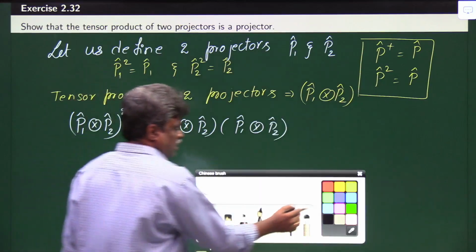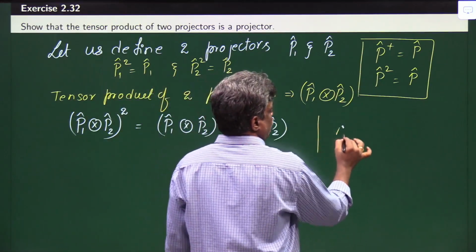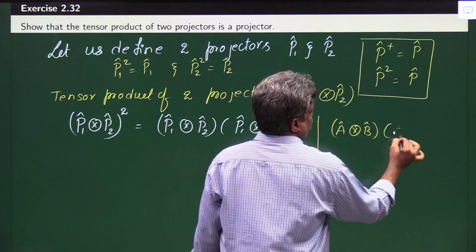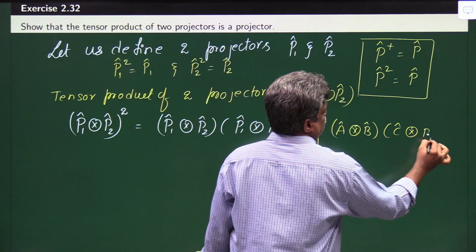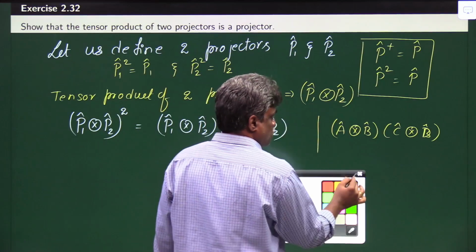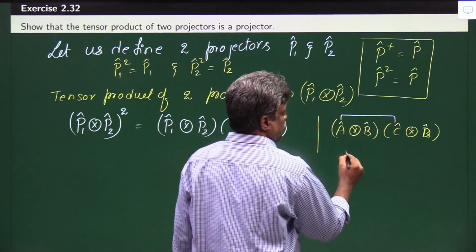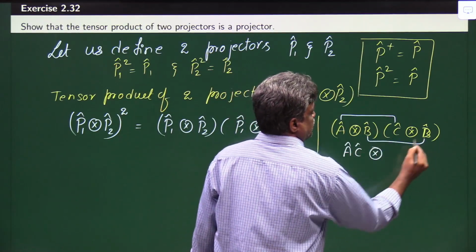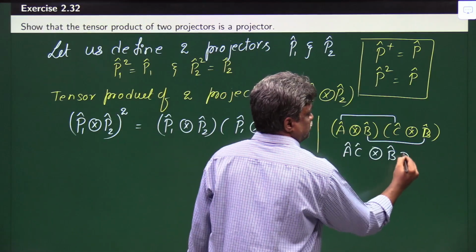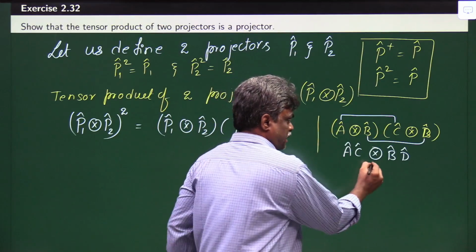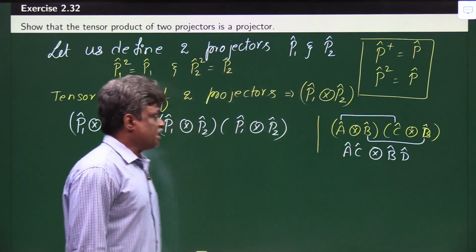I told you in the last class the rule: whenever you have A tensor B operators and here C tensor D, just do the ordinary multiplication, AC, and tensor this with the second, that is BD. So this is the scalar multiplication and this is also scalar multiplication, and here again you will get the tensor.